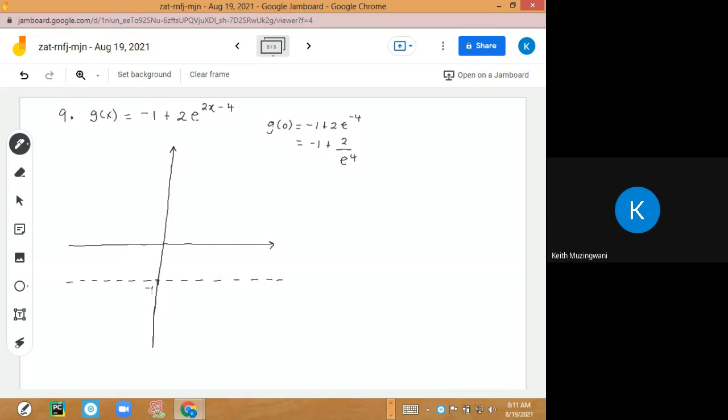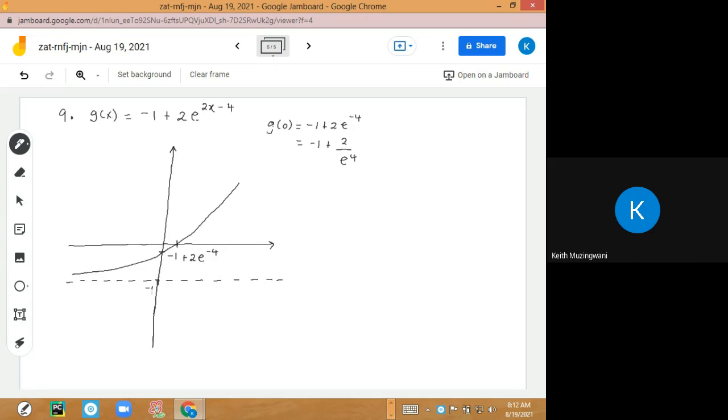Now e is 2 point something, so 2 point something to the power 4 is bigger than 16. So 2 over 16 is 0.something, and this number will still be negative. So the family of curves goes up. This is our graph, where the intercept is negative 1 plus 2 e to the power negative 4. We will know later how to find that intercept. We just found it for y, and this is our graph.